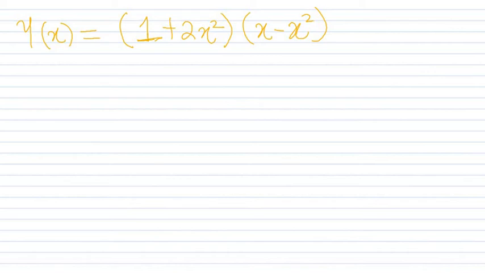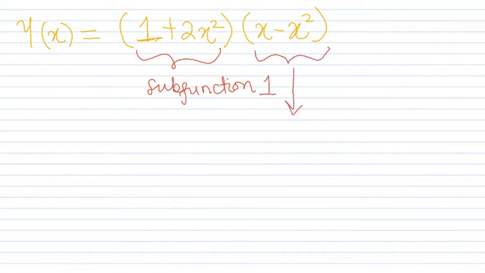Both of them combined is our function. Even though 1 plus 2x squared is a sub function, meaning it's like a function within a main function. And so this is, say, sub function 1, and this one right here is sub function 2. What both of them have in common is that they are multiplied by each other.